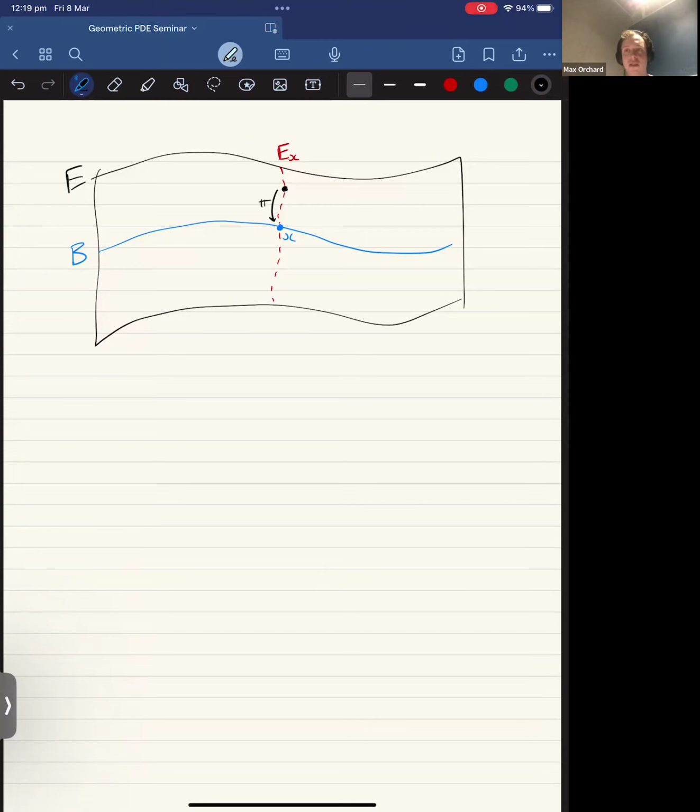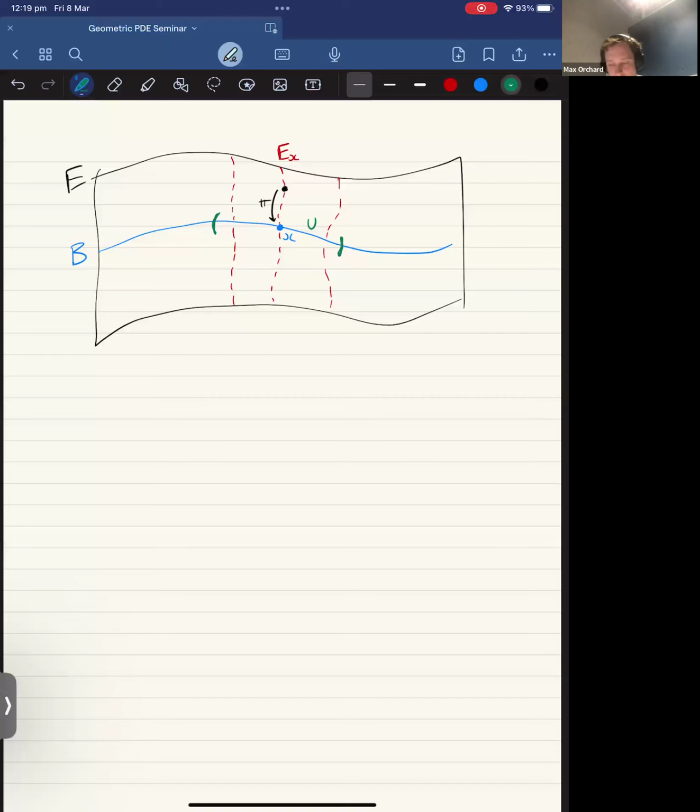So this tells us the first two conditions. At every point, we're going to get some other fiber here. And the local trivialization condition basically says that at every point, we can find some open neighborhood of our point x.